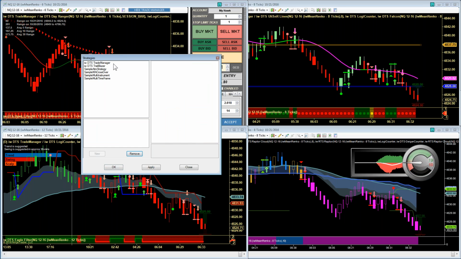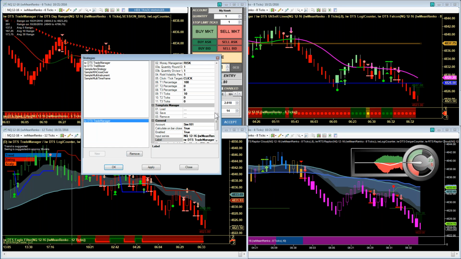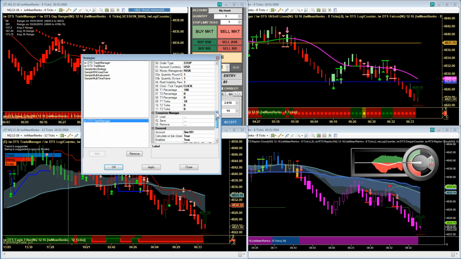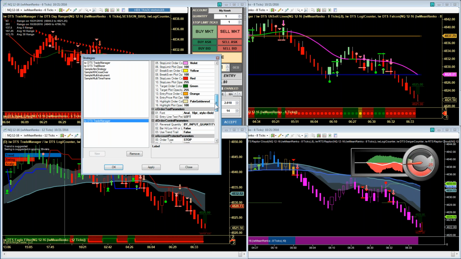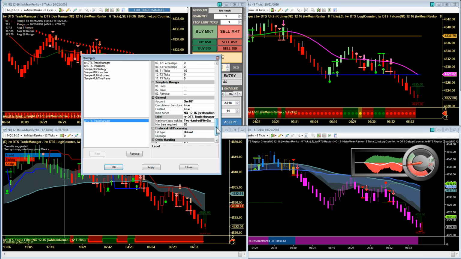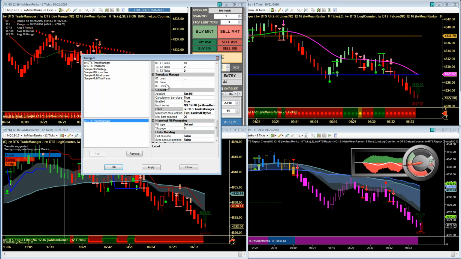If you're loading trade manager for the first time, before you apply it, go through it and make your changes how you want it to be. Once you have everything set up the way you like, go here to save and give it a name, whatever you want. I've named mine Eagle, Falcon, Hawk, and so on.